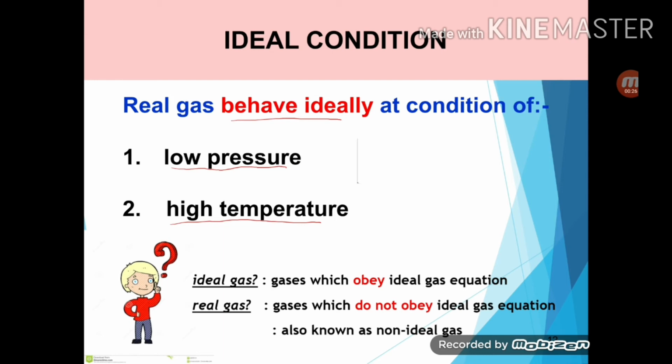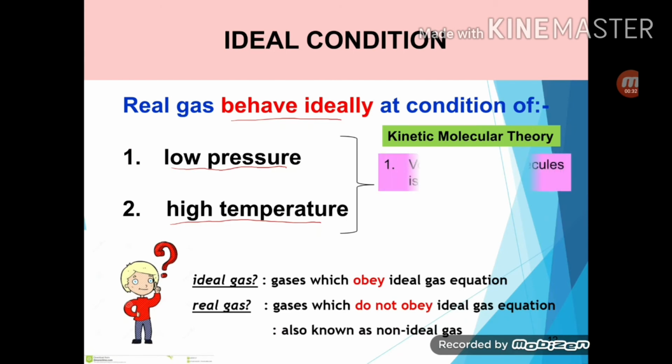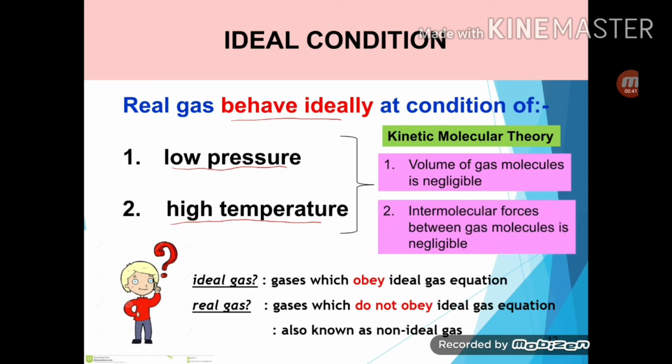In kinetic molecular theory, two assumptions have been made. Number one, the volume of gaseous molecules in ideal gas is negligible. And the second assumption is that the intermolecular force between gaseous molecules in the ideal gas is negligible. This means that the volume and the intermolecular forces between gas molecules of the real gas can be neglected at these two conditions. That's why real gas behaves ideally at this condition.